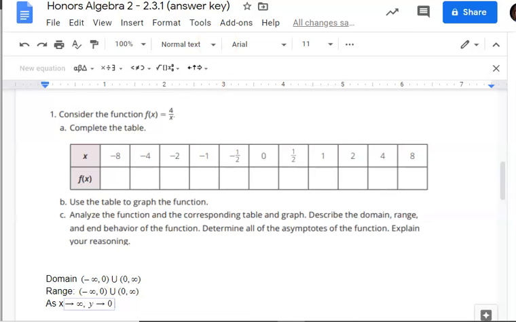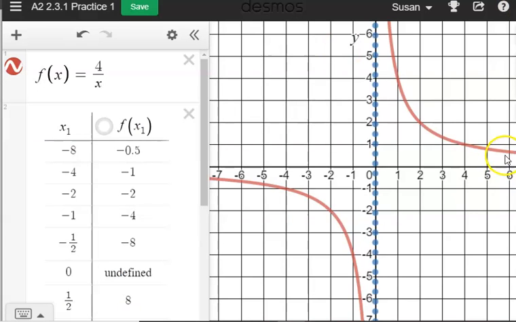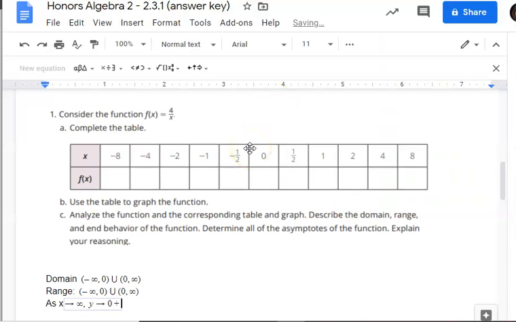Let's see if I'm right about that. Yeah, it's going to approach 0 from the top, so I'm going to put a plus sign there.